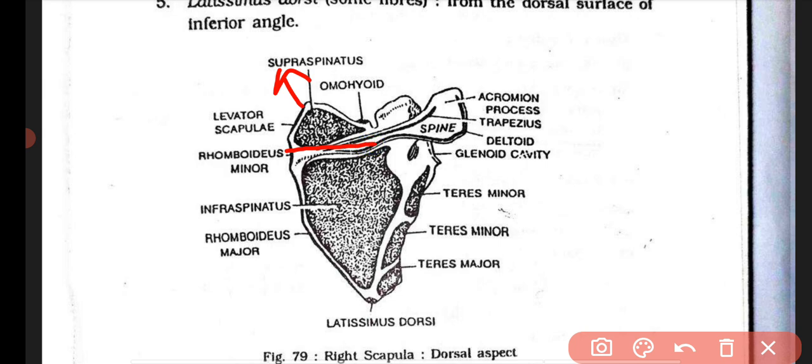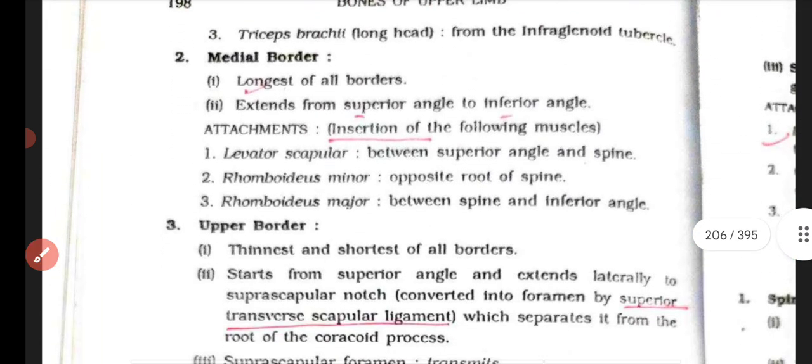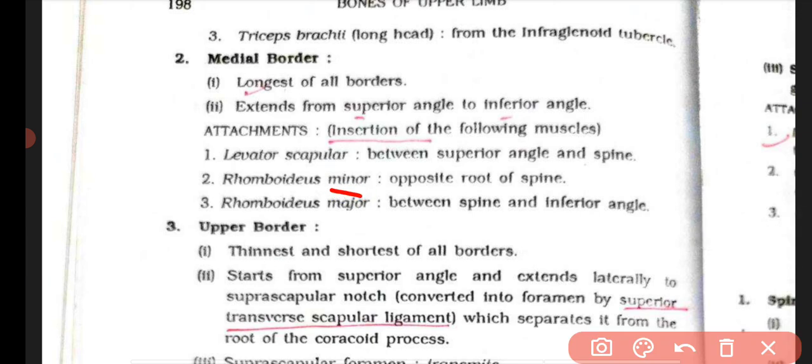In between the superior angle and the spine lies the levator scapulae.